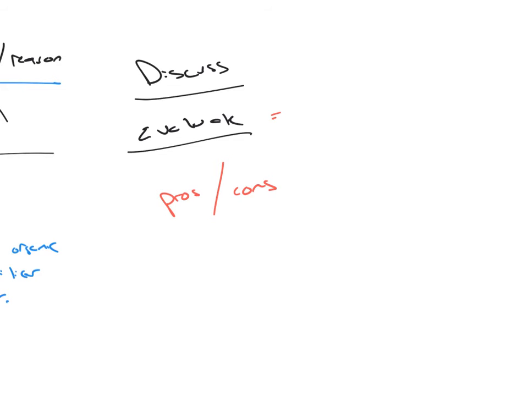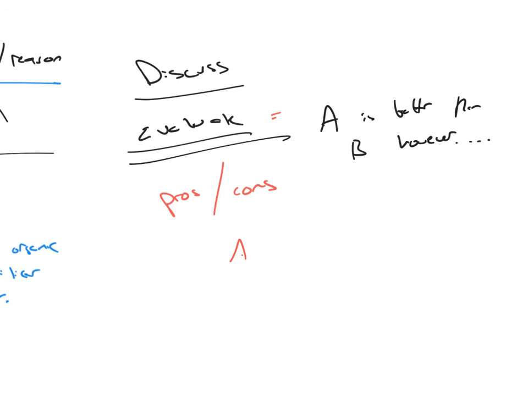For evaluation, you have to make an evaluation, so you have to say A is better than B, however, and so on. You got to make a claim: A is better than B, and here's my reason. So what are the pros and cons of A, and what are the pros and cons of B? That's what you have to do.